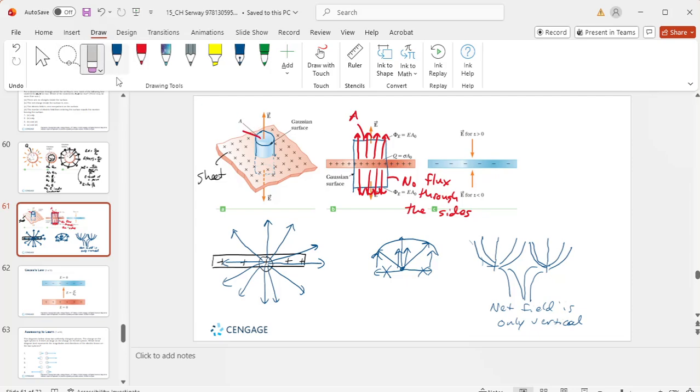Well, this one's already labeled, right? So we've already labeled our area here as A. So this would be A right here, and this would be A right here.